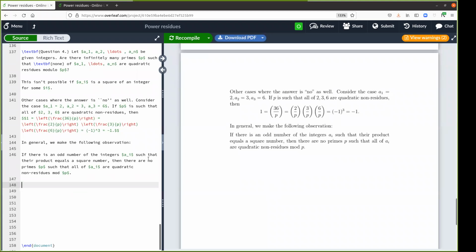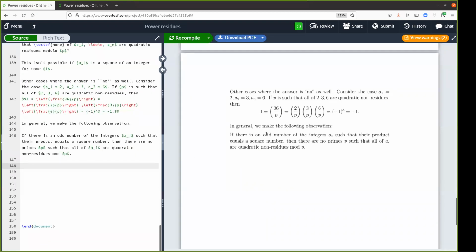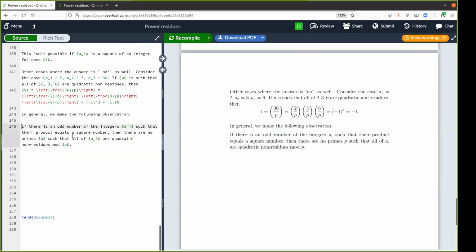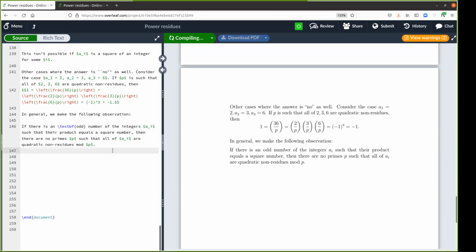So this generalizes to proving that if there is some odd number of the integers a_i having product equal to a square number, then the answer is no. In other cases, is the answer yes? Yes.